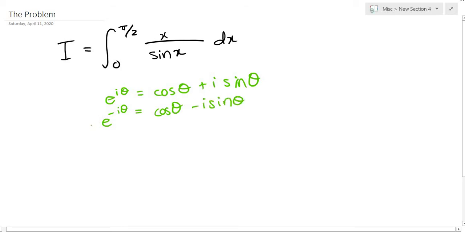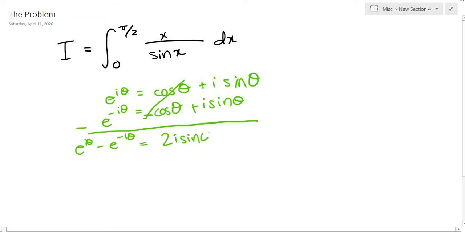Now instead of adding that like we did last time, why don't we subtract this equation from the top equation? So everything else becomes minus, this becomes a plus. On subtraction we have e raised to i theta minus e raised to negative i theta, and then the two cosines will just cancel out. We have i sine theta added with itself two times, so 2i sine theta.